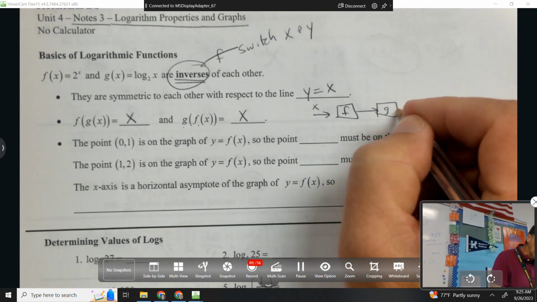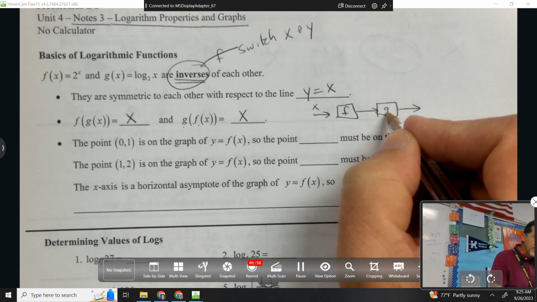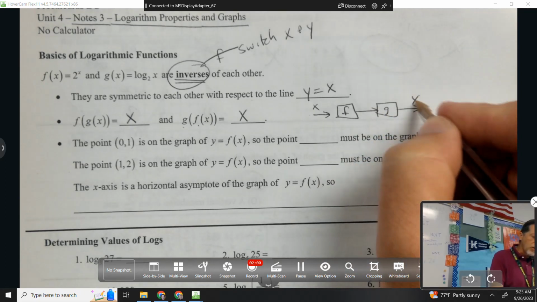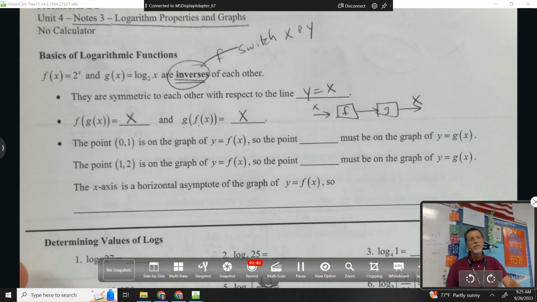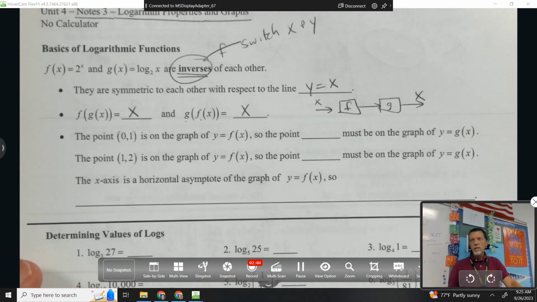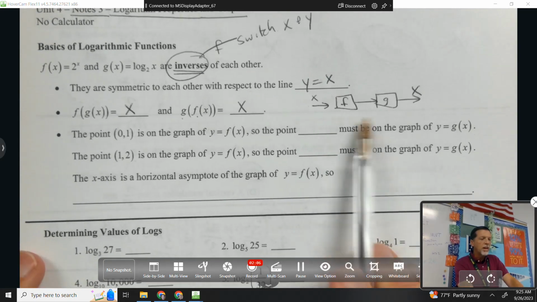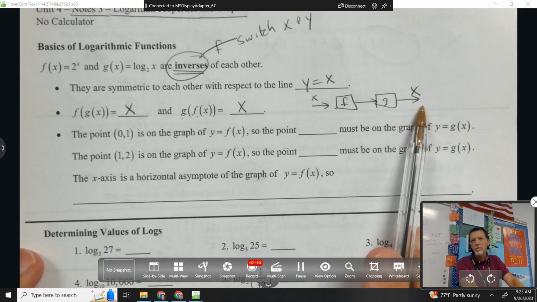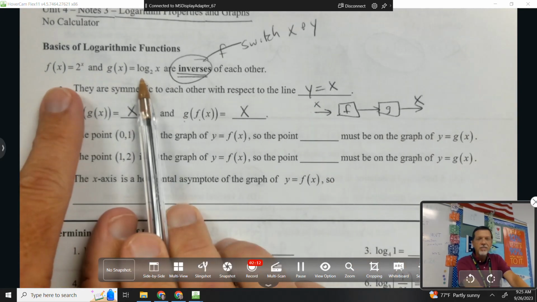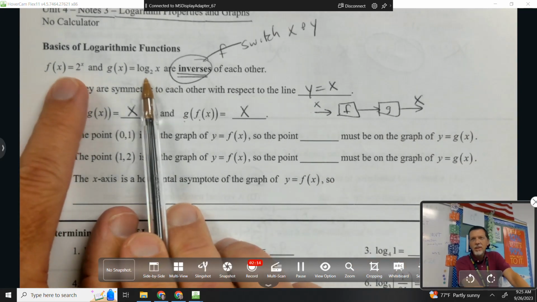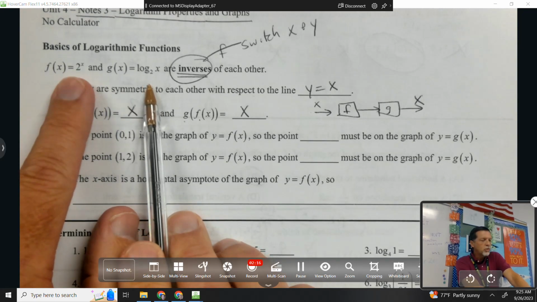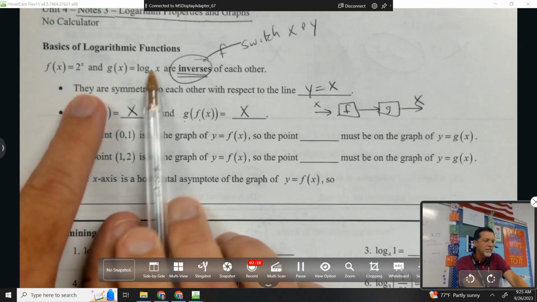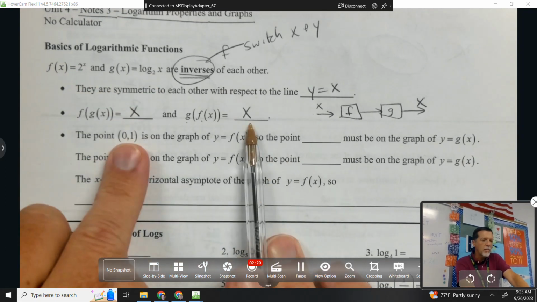G does something to it. But whatever g does, it undoes f, and so you're right back to x. That's what it means to be inverses. Like the simplest version would be f adds 3 and g subtracts 3, and then you're right back to where you started from. Logs and exponents are much more complicated, but it's that same idea. 2 to the x and then log base 2 of x cancel each other out, and you're right back to whatever you started with.